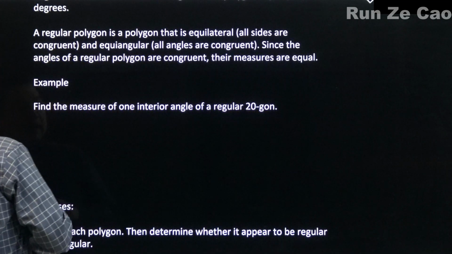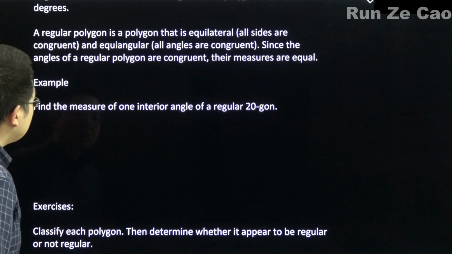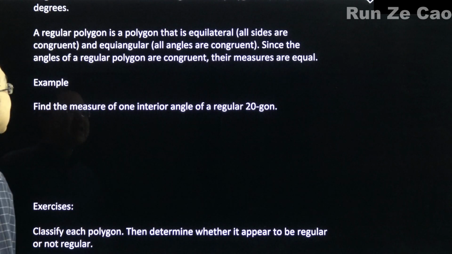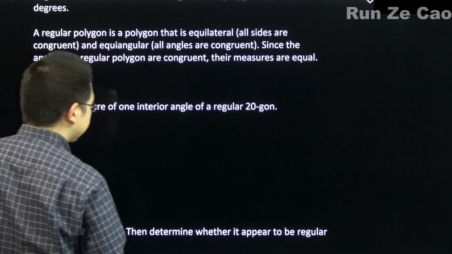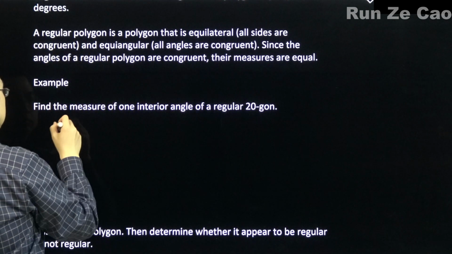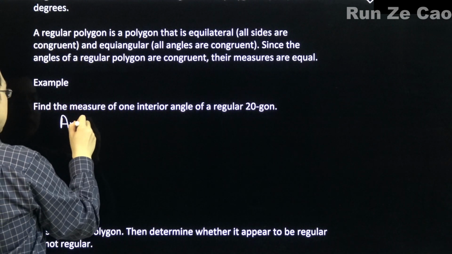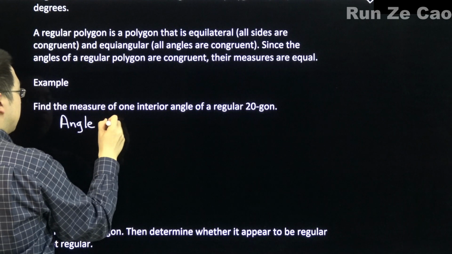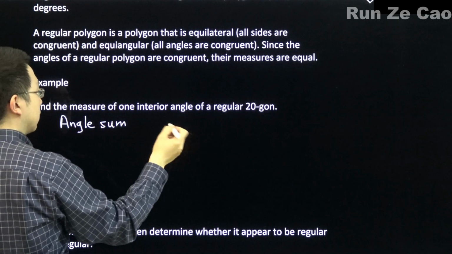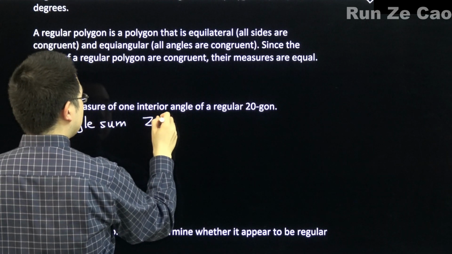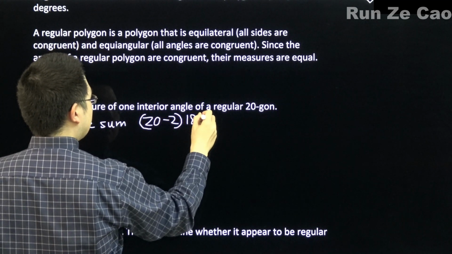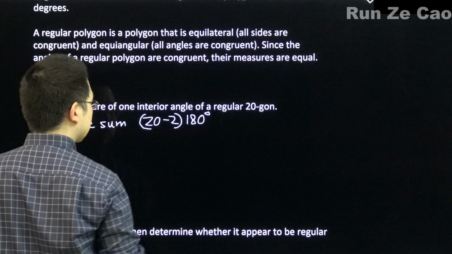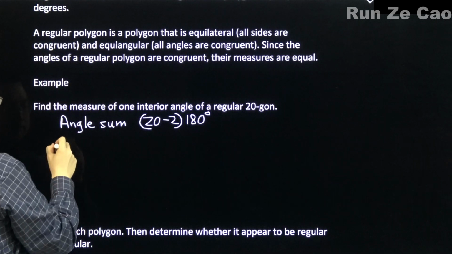Now let's find the measure of one interior angle of a regular 20-gon. So in other words, there are 20 sides. Well, the angle sum is going to be 20 minus 2 times 180 degrees. Okay.